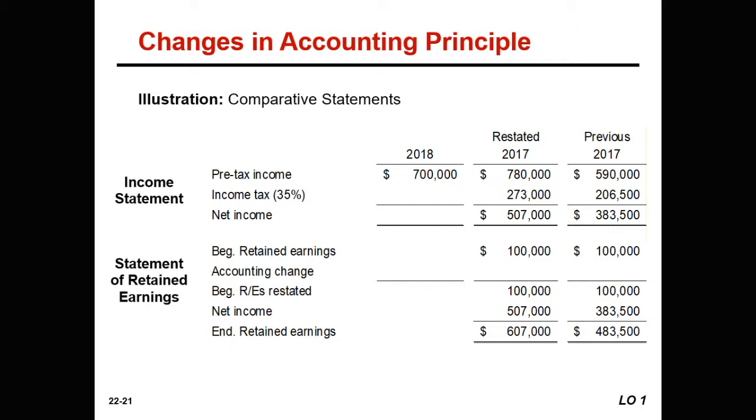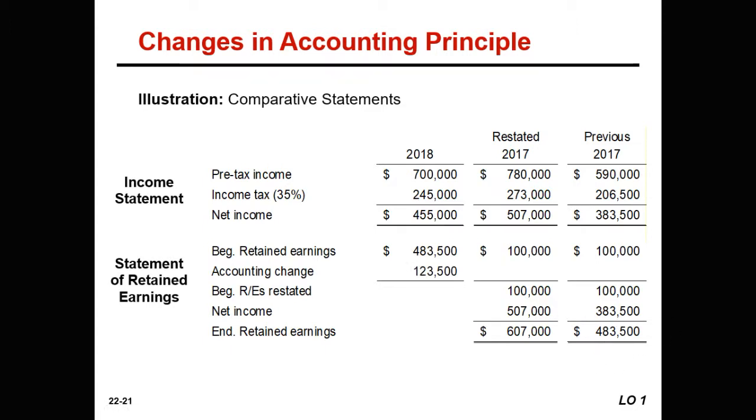Pre-tax income is $700,000 for 2018. We have $245,000 of income tax associated with that, and $455,000 of net income. We are starting with $483,500. That's this previous figure here.